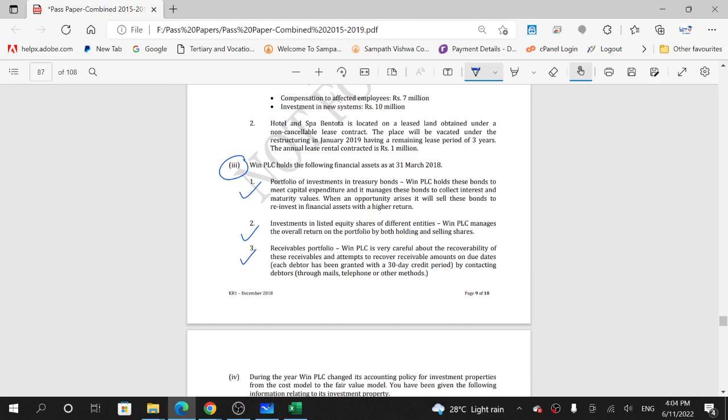One is the business model test, and the second one is the SPPI test, the solely payments of principal and interest test.